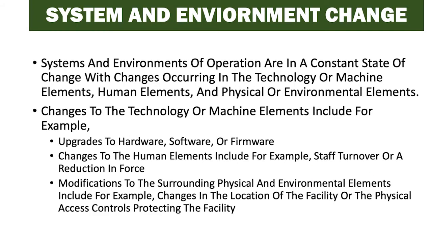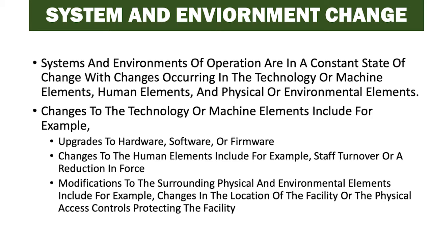System and environments of operation are in a constant state of change, with changes occurring in the technology or machine elements, human elements, and physical or environmental elements. Changes to the technology or machine elements include, for example, upgrades to hardware, software, or firmware. Changes to the human elements include, for example, staff turnover or a reduction in force.